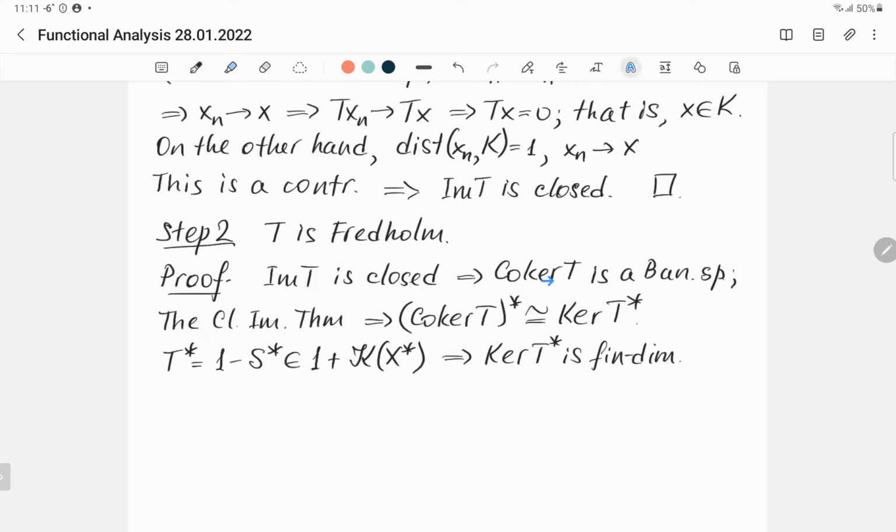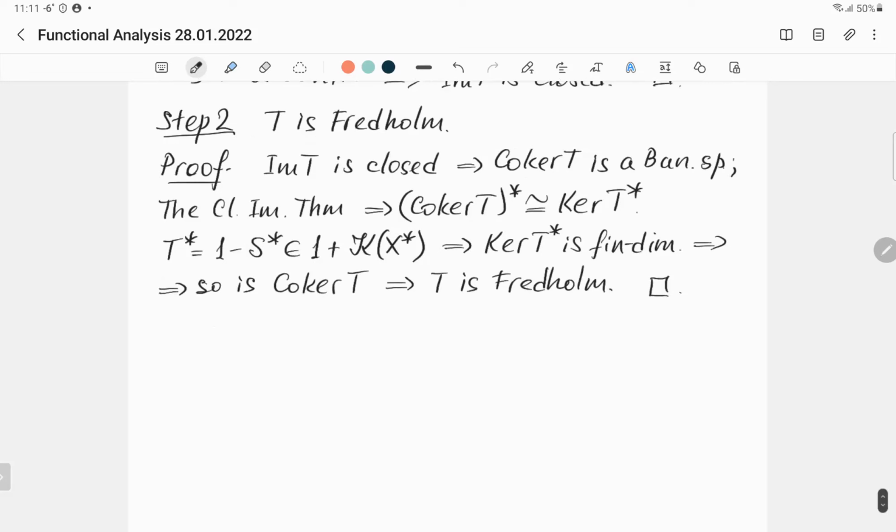And now finally, this isomorphism implies that the co-kernel of T is also finite dimensional. And finally, we conclude that T is Fredholm. This is the end of step 2.